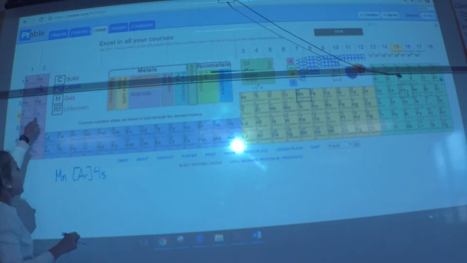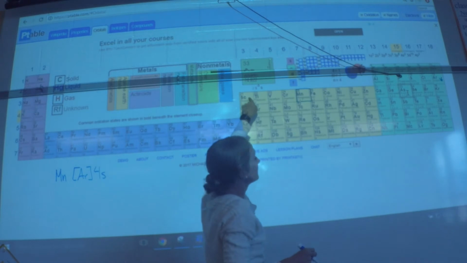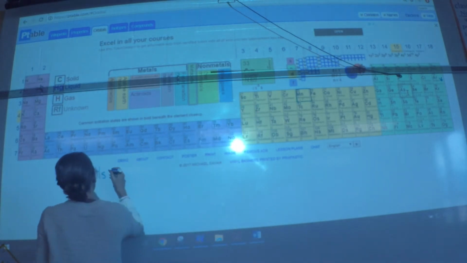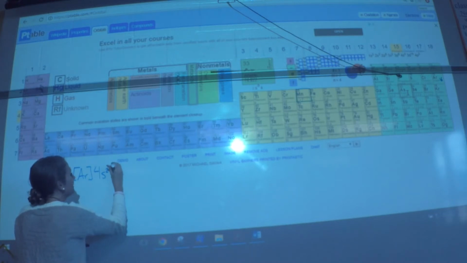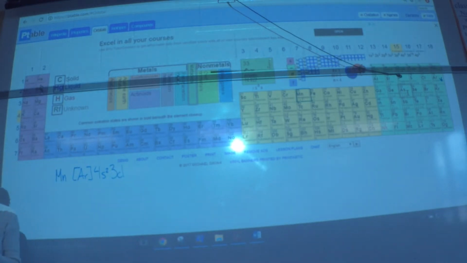Okay, after 4s, where do we go? 4s2, because there's 2 electrons in there. And then we go 3d. Now, here's another cool trick with the periodic table.